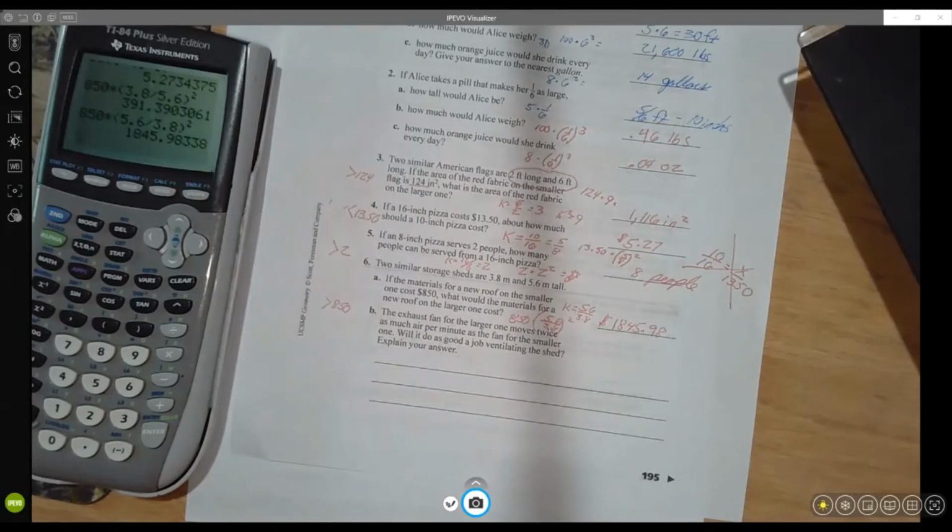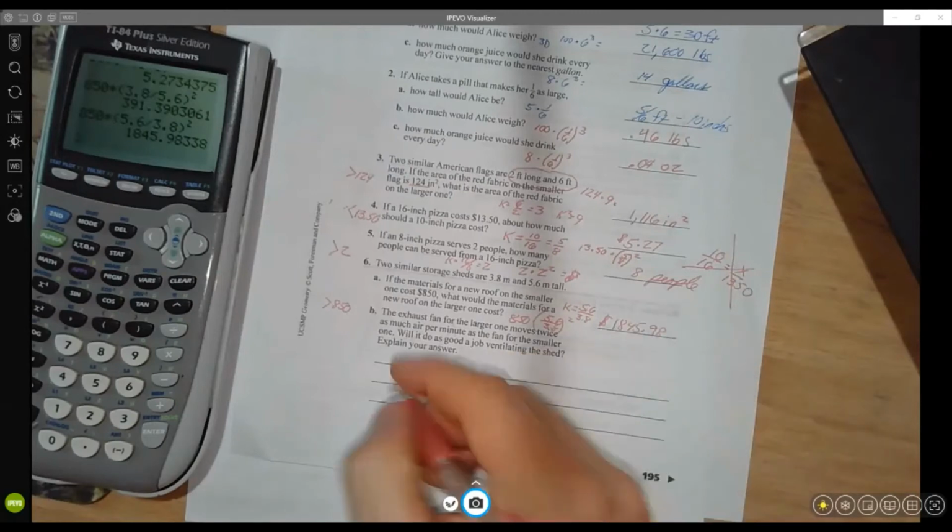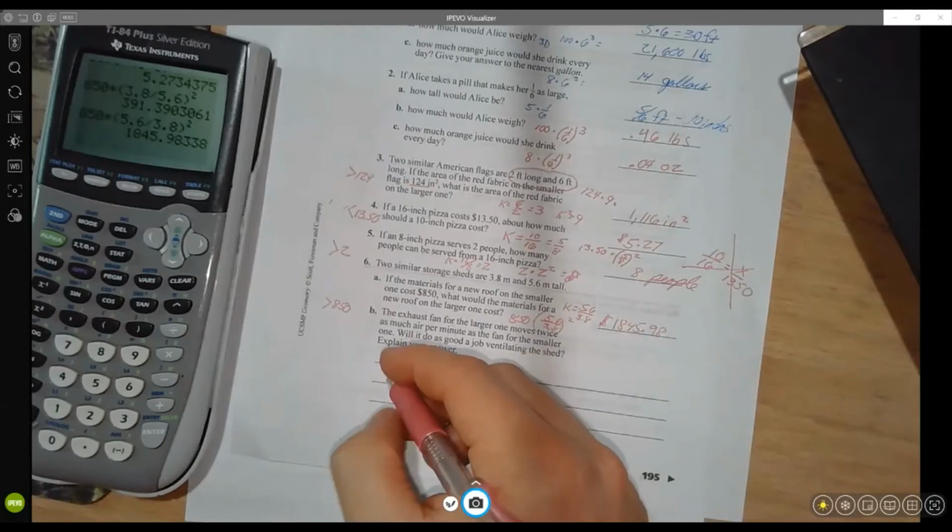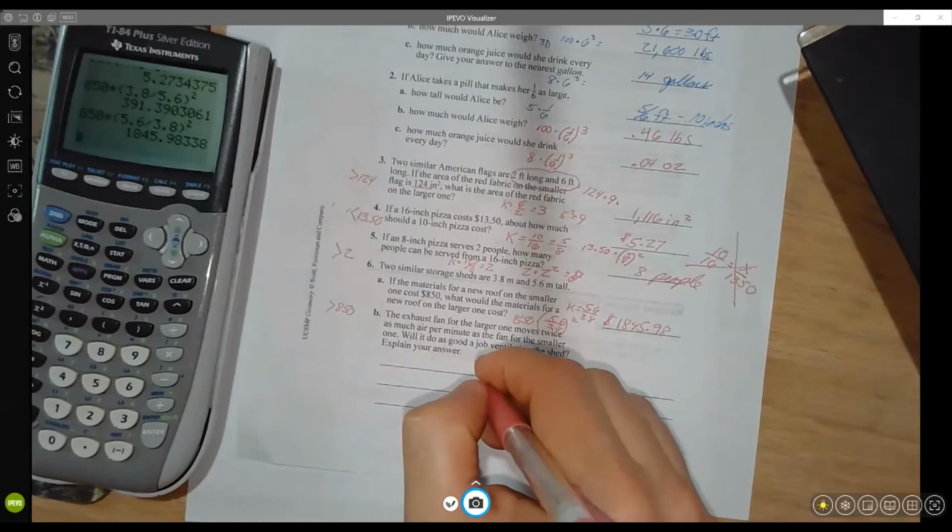All right, the exhaust fan for the larger one moves twice as much air as the fan for the smaller one. Will it do a good job ventilating the shed? Explain your answer. All right, so this is a volume question, right?